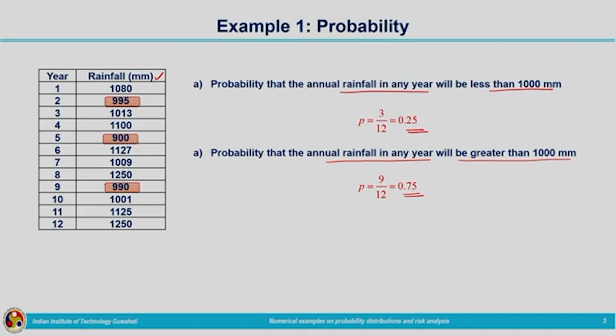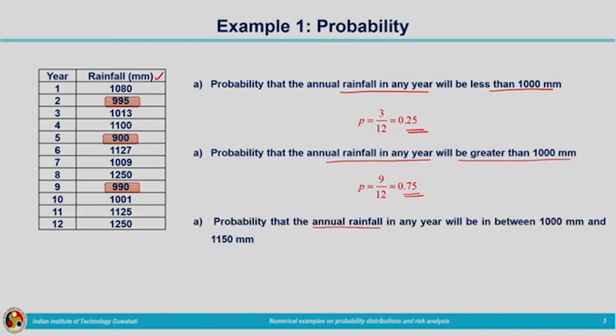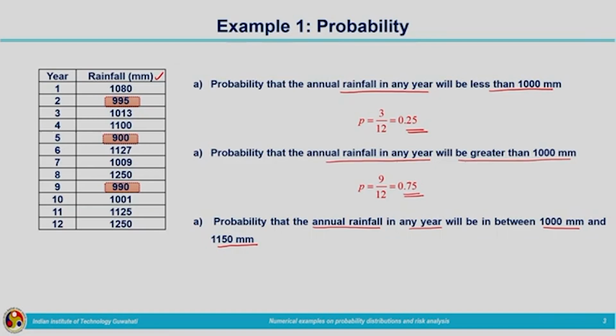Now, the third question is the probability that the annual rainfall in any year will be between 1000 millimeters and 1150 millimeters. We need to count the number of events coming within this range, and then calculate the probability. If we check the table, we have the first year, third year, fourth year, then the 6th year, 7th year, 10th year and 11th year.